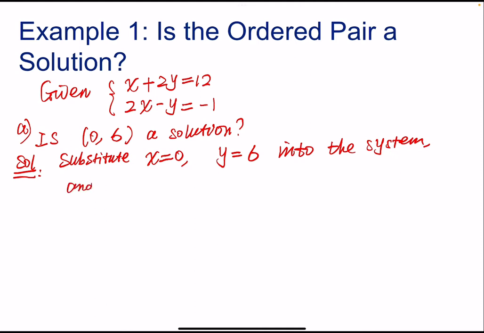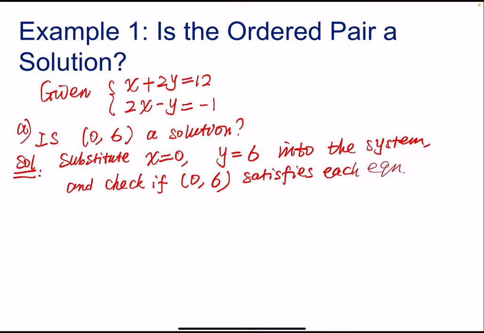And what we need is to check if the given pair satisfies each equation. So let's check the first equation.